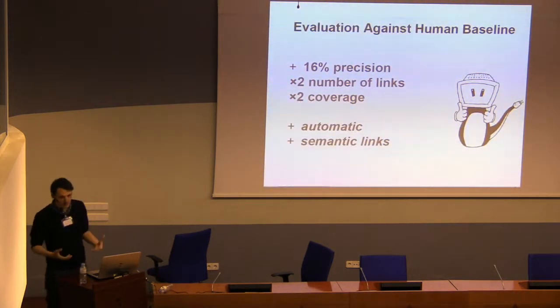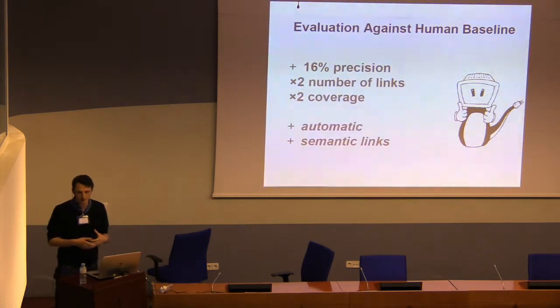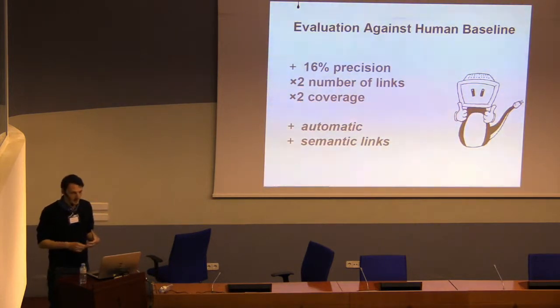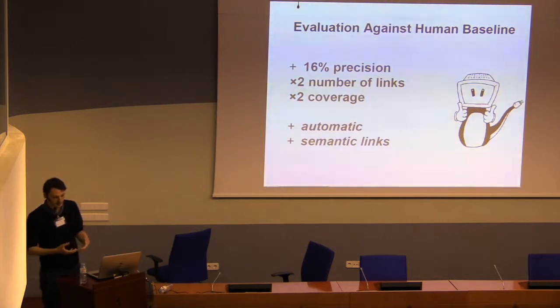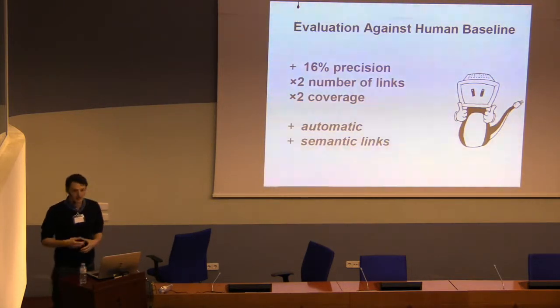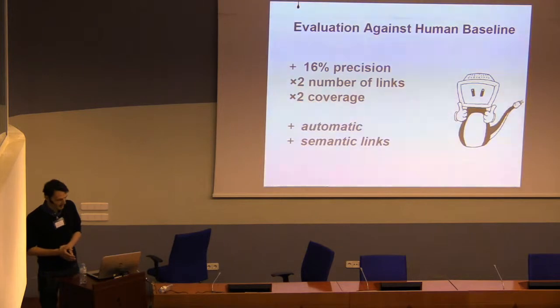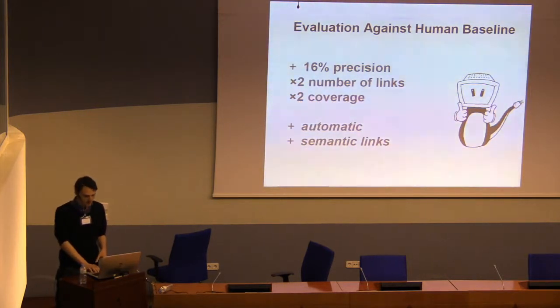We got many more links, better coverage, so many more sets of instructions had at least one link. This is what coverage is about. And we even got more precision than the human-generated links. Now, this might sound a bit surprising. It has to do with how links are actually generated within the WikiHow community. I can discuss this a bit later if you're interested.